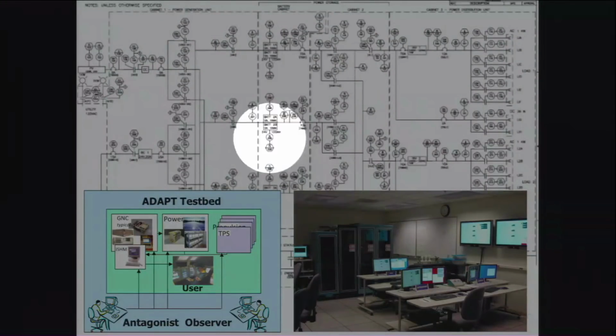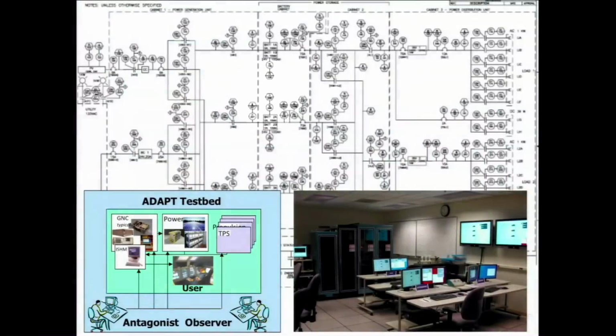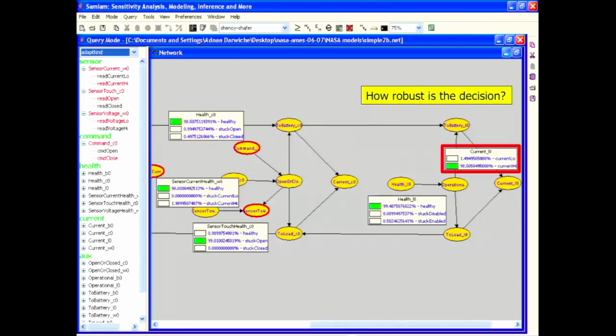The idea here is you're going to reason about power systems for the purpose of monitoring and diagnosis. You have all kinds of sensors. And here's an example of a Bayesian network fragment for this kind of system. You're reasoning about whether there is current or power and various sensors and so on.